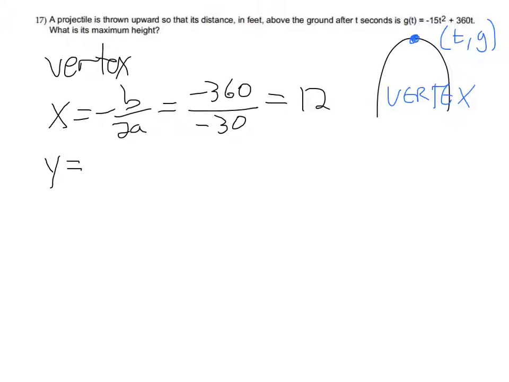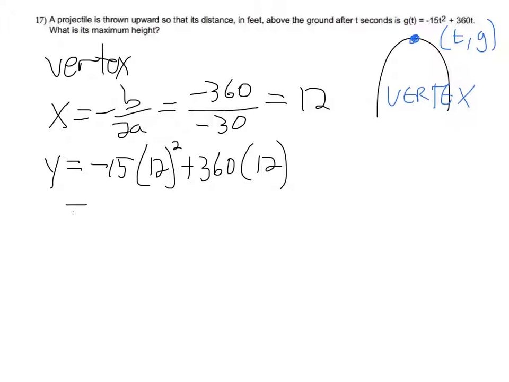Now I'm using x and y because that's what's going to come out of your memory banks when you're on the final. We'll go back and go, wait, it's not x and y, it's t and g, but we'll do that later. So y equals, if you plug the 12 into the function, this is how you find y values, plug x values in. This will simplify and give us 2160.